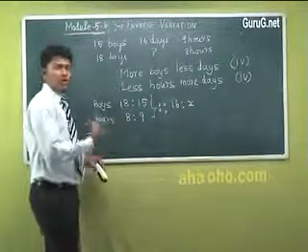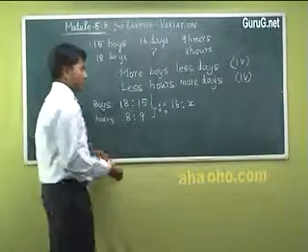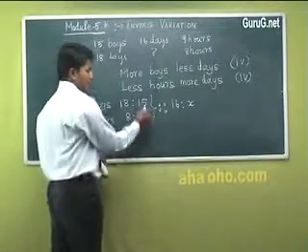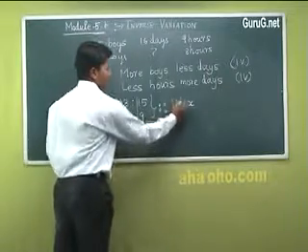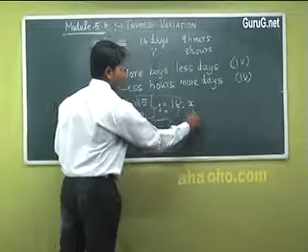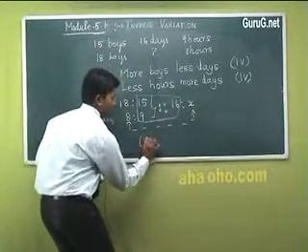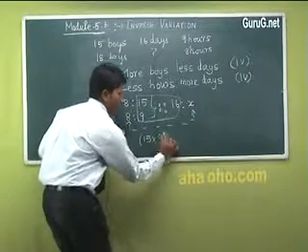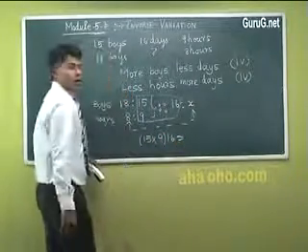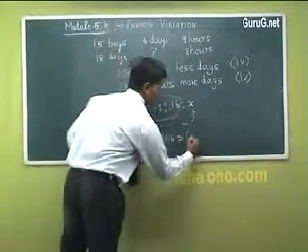Now we can apply the rule of proportion. Product of means is equal to product of extremes. So which is the mean? This is the mean quantity. And which is the extreme quantities? So product of means, that is 15 into 9 into 16, is equal to product of extremes, 18 into 8 into x.